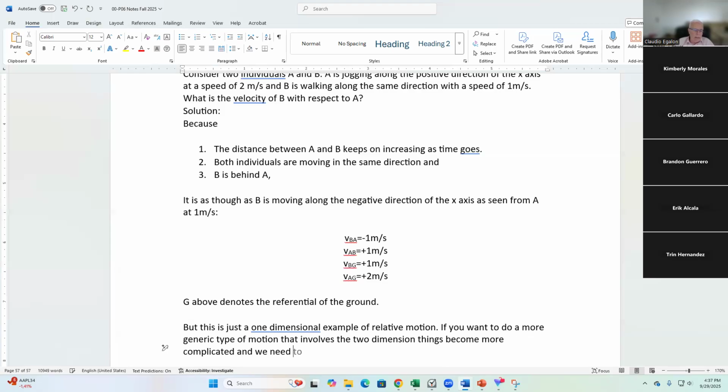And we need a more generic mathematical model.